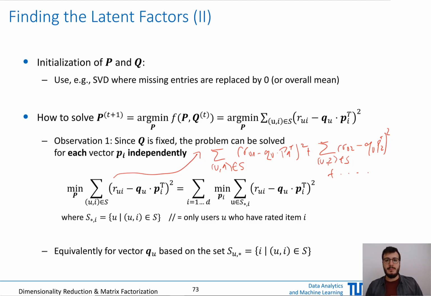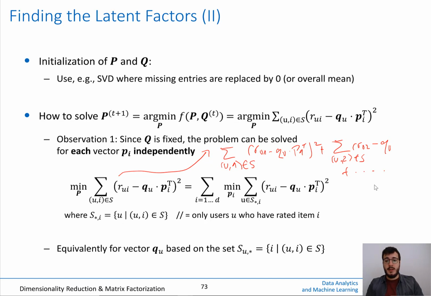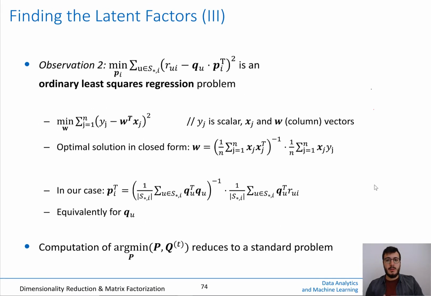The second observation is that each of these mini problems with respect to PI is just a simple regression problem, which I hope you already know how to solve, because we discussed this in one of the first lectures in this course. So let's briefly recap what a simple regression problem is.